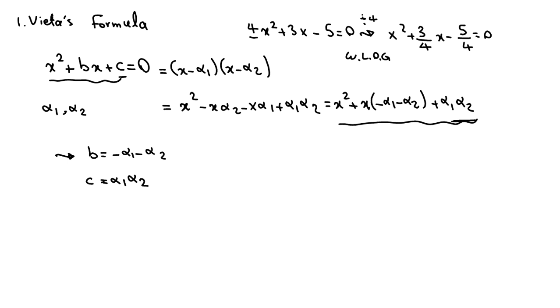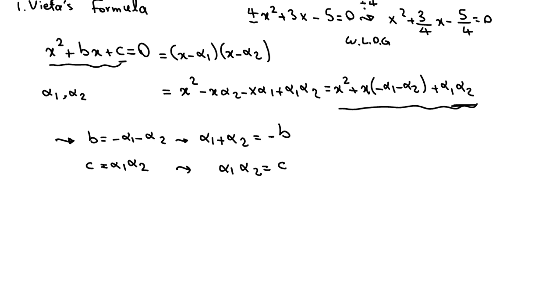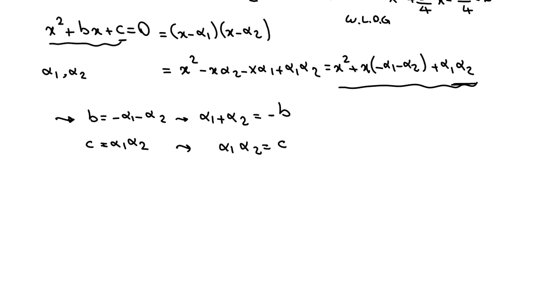Now, we can say, okay, the sum of the roots alpha 1 plus alpha 2 equals negative b, and alpha 1 alpha 2 equals c. If you have a here, because we've divided by the coefficient, you can say negative b over a, c over a. So it is for the quadratic function.